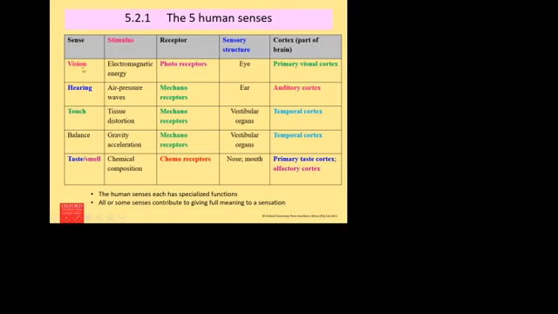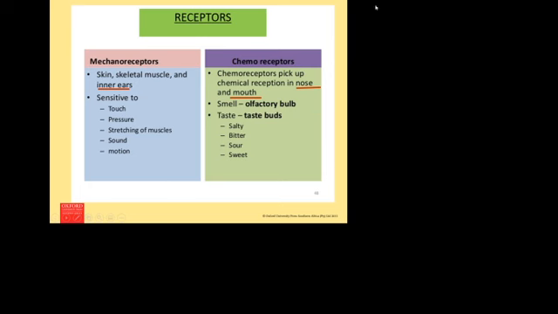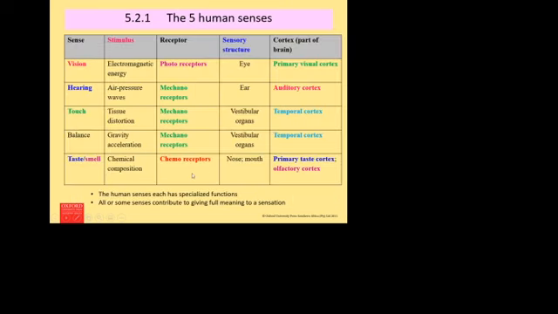For taste and smell, there is a receptor called chemoreceptor, and in the brain there is a part responsible for processing the information from the receptor, telling whether what we eat is sweet or sour and so on. As you can see, there are differences in the receptors.